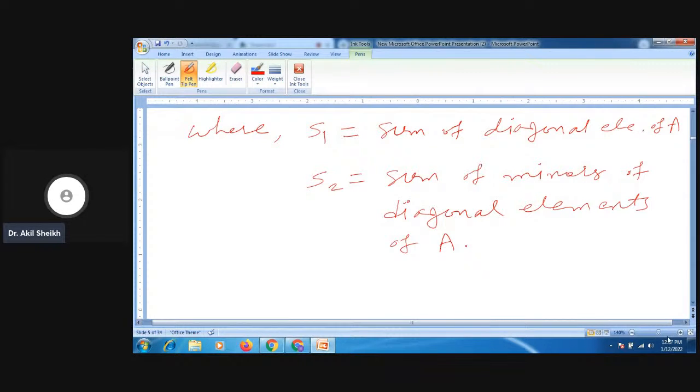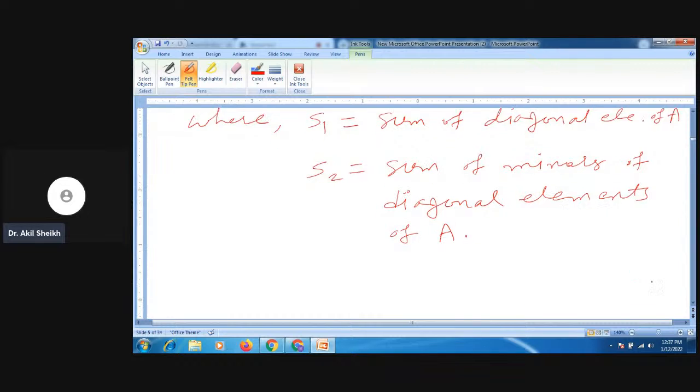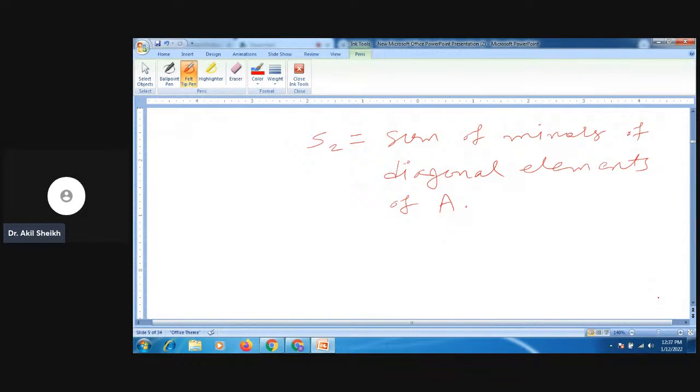Now here there is one statement, or you can say a theorem, called the Cayley-Hamilton theorem.